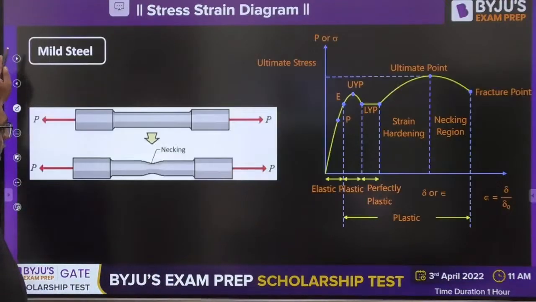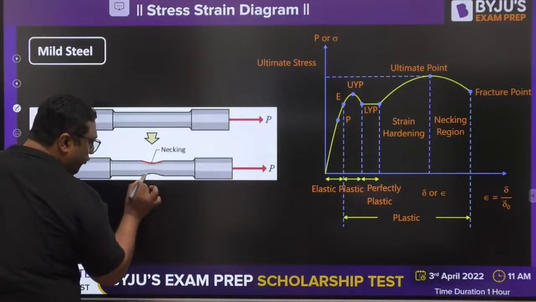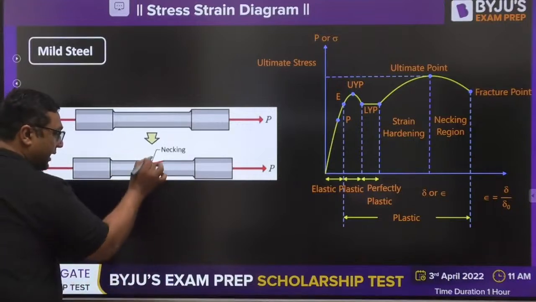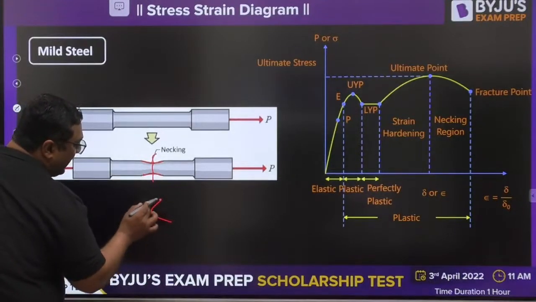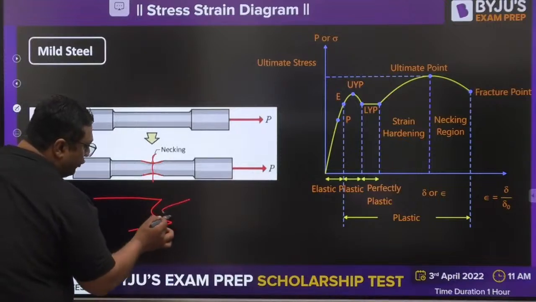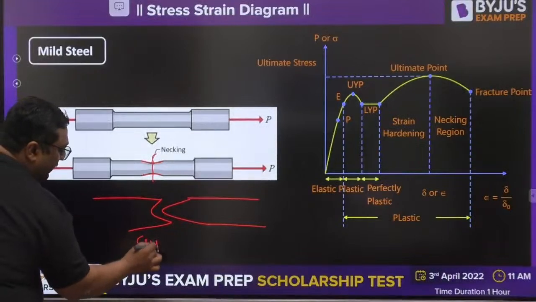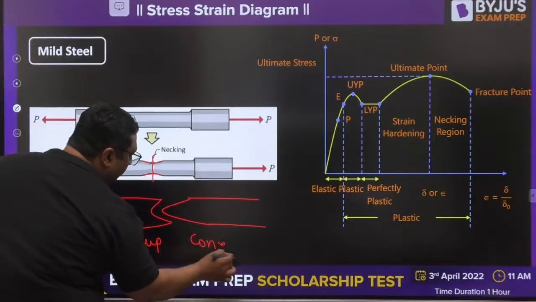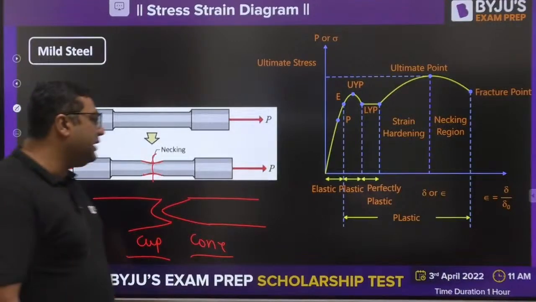So my dear, this is how necking happens for ductile materials, and after fracture you would get one part like this, the other part like this. That is why it is said to be cup cone. This is said to be cup cone type of failure, but this happens in ductile materials only, and there is a reason behind that.